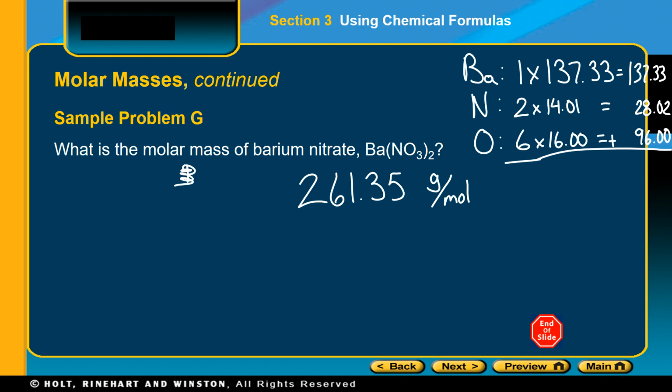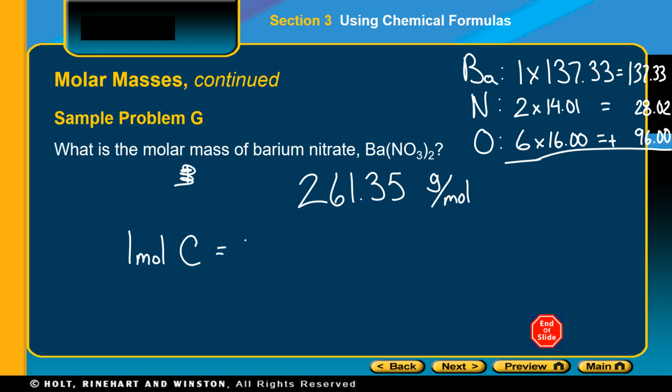All right. Now, everything on the periodic table is based off of carbon. So if we look at carbon, just carbon by itself, what would the mass of 1 mole of carbon be? 12.01 grams.